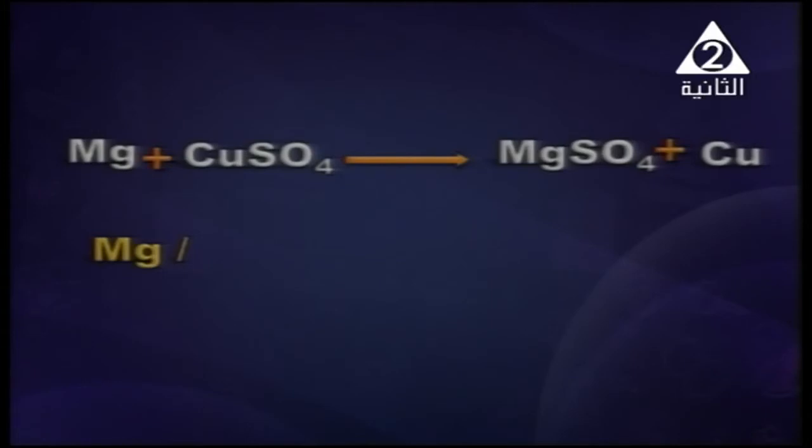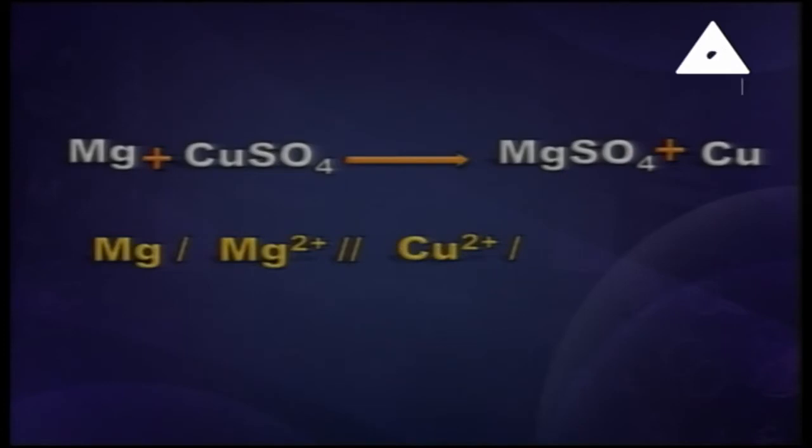So you can write the cell expression Mg single bar Mg positive 2 double bar Cu positive 2 single bar Cu. Firstly, you must identify the anode and the cathode, the oxidation and the reduction, to write the cell expression. You can't write the cell expression if you don't identify the oxidation and the reduction process.